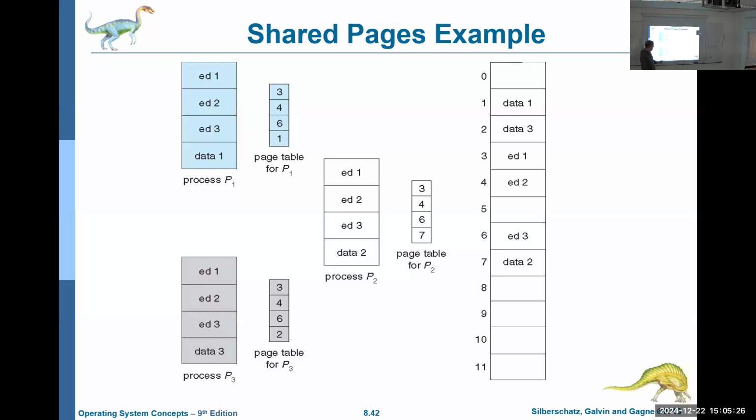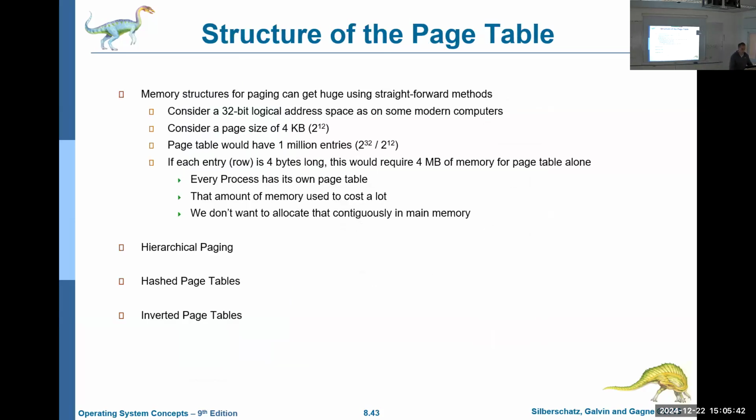It's in memory once. But the data they're editing is 2, 1, and 7. Now, from their perspective, they don't know anything; the page table will tell them where to go. And in memory, I only have to have the editor in once. So that's an advantage of having page tables once we've created them.